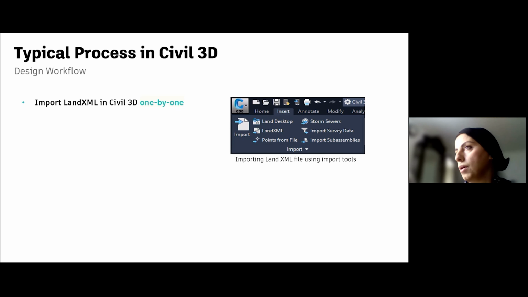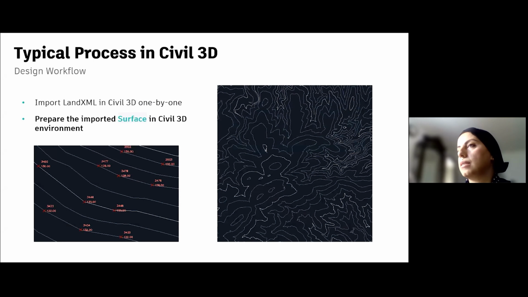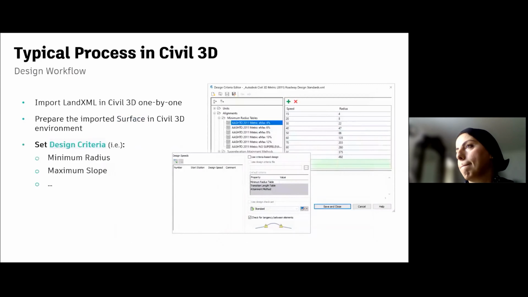The next step is we work on those surfaces. After we import them, we work on the styles if we need to develop anything. And after we set all the surfaces required for the project, we start designing the alignments and the profiles.